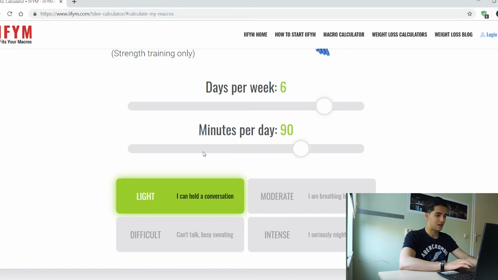You know, a lot of people in the gym still hold a conversation between sets. But you know, if I'm just pushing myself with my buddies, with bench press, I would go for moderate. Most of the time I'm training alone, so I don't really want to talk a lot at the gym, so I would go for moderate for me.